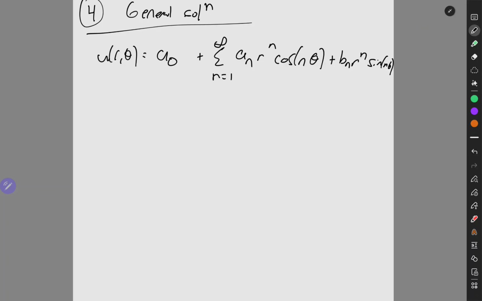So, you'll see something weird is going to happen here, because remember we need to find u_r of theta. Our condition was u_r of theta. That would be a sum over n.